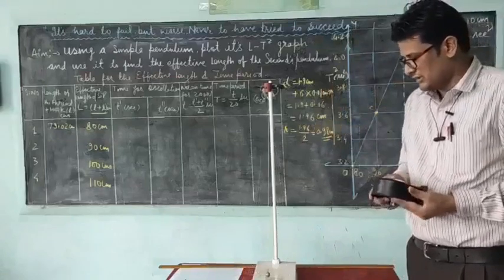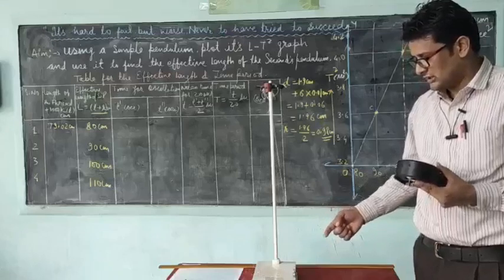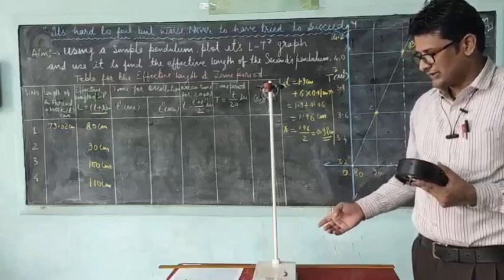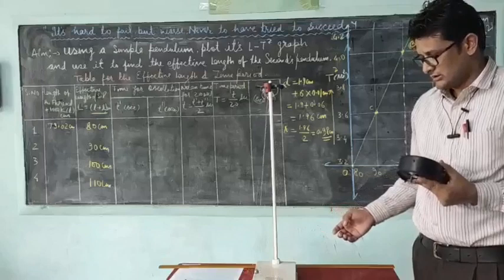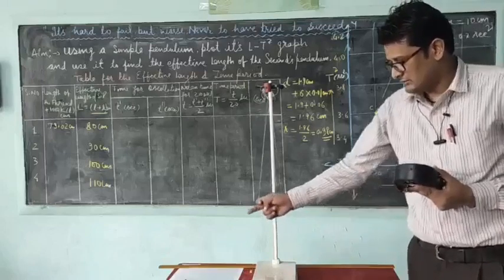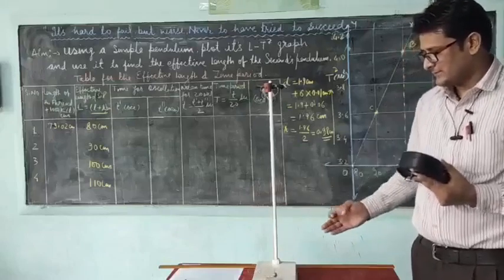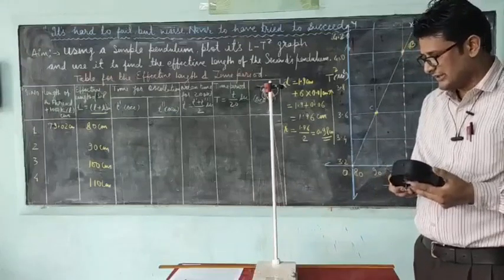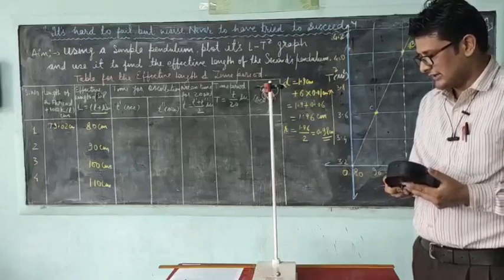Then we count the oscillations: 1, 2, 3, up to 20.